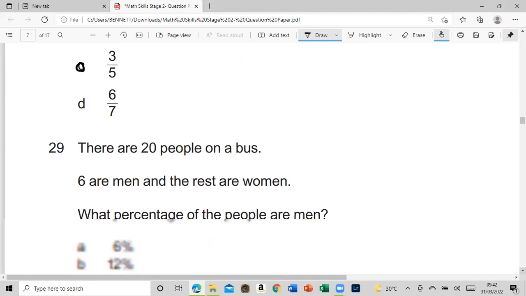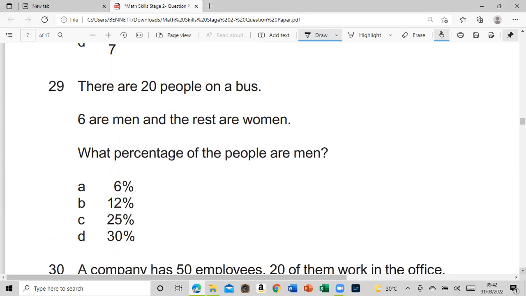There are 20 people on a bus. 6 are men and the rest are women. What percent of the people are men? Most definitely, it's only men and women, no? Alright. What percentage of the people are men?